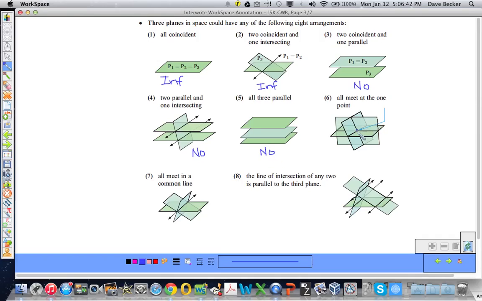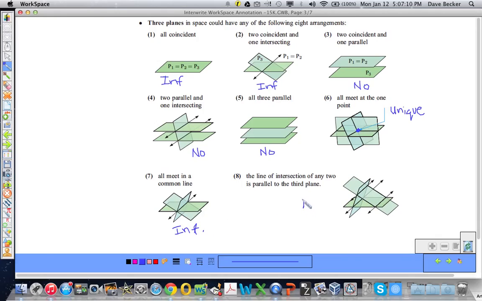Oh, looky here. This is the only way we can have a unique solution, where the three planes intersect in one point. Here, they all meet in a common line, so that would be an infinite number of solutions. And then this is kind of cool, where you have three planes, they intersect, but none of the planes share any points in common.